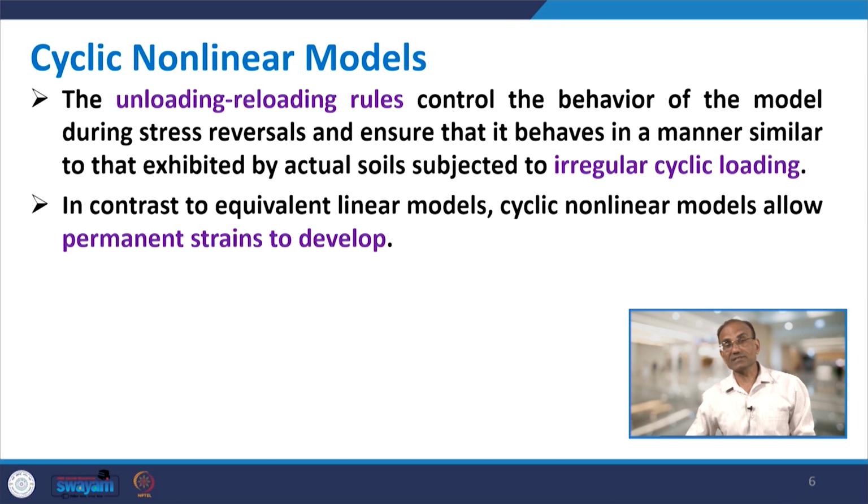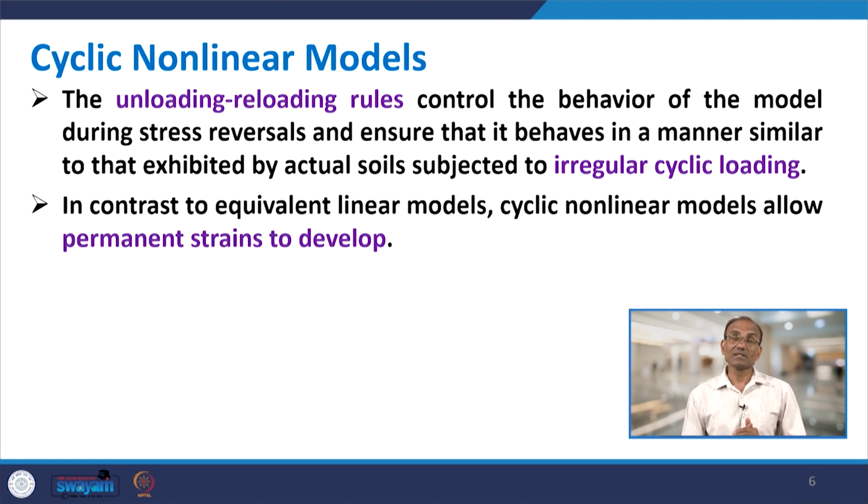So, what is in this case? First you have the backbone curve, then you have a series of rules which will control its loading, unloading and reloading. So, when you do unloading, when the stress becomes 0, what will happen to strain? When the strain becomes 0, at different points, and when the reversal occurs, what will be the path of the curve?